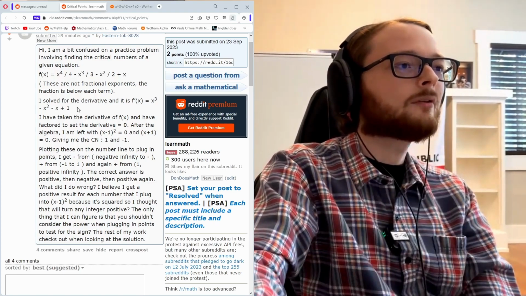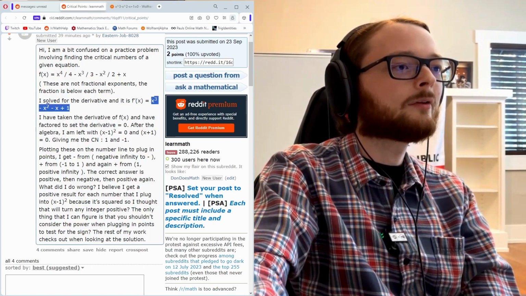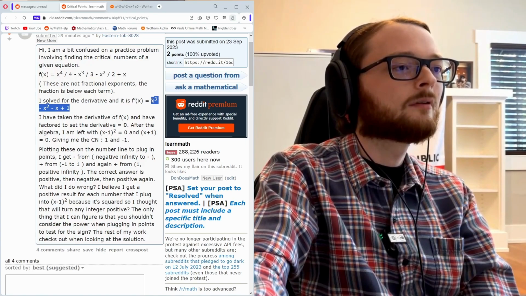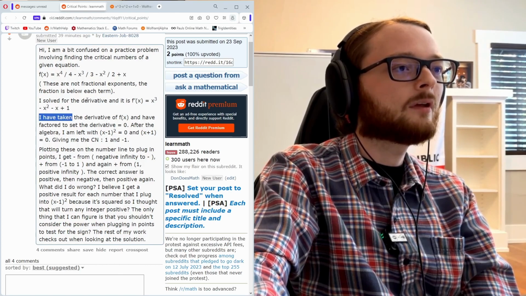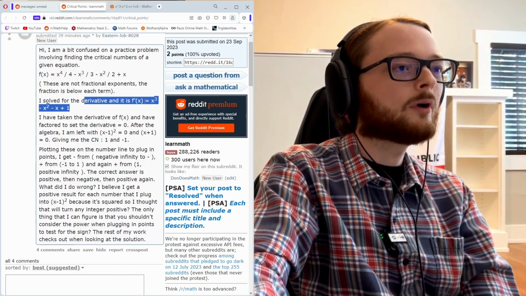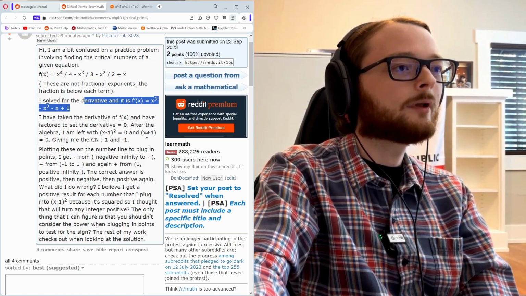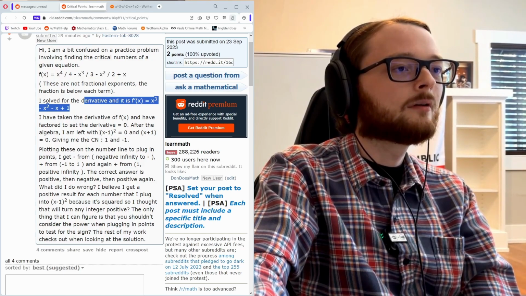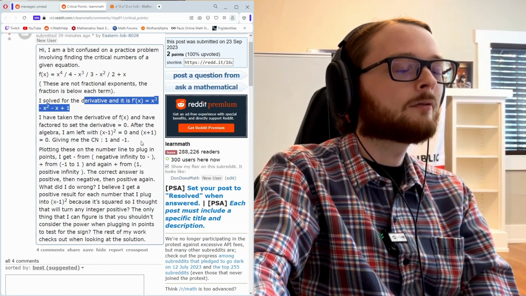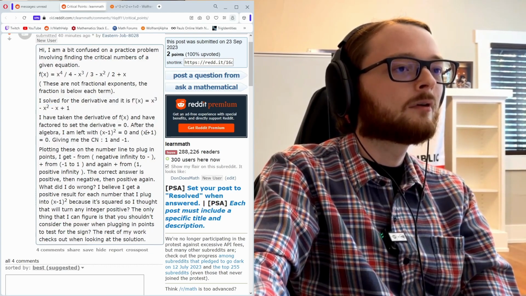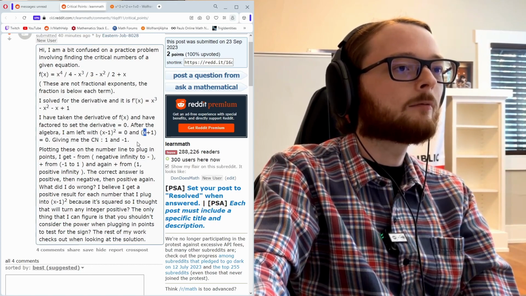If you plug 0 into this, you do get positive. This derivative is equal to (x minus 1) squared times (x plus 1). One term will always be positive. The other term is only negative when x is less than -1.